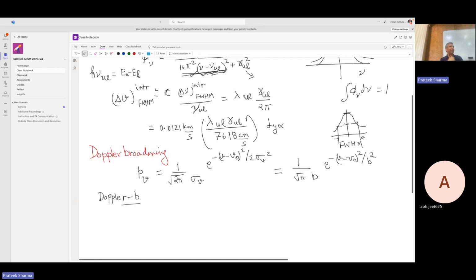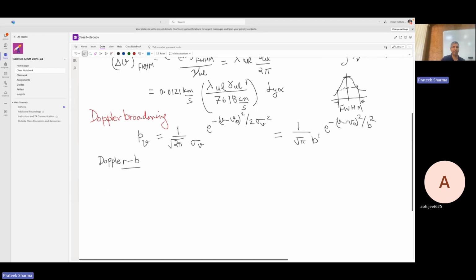This square root of 2 pi form is the standard form of a normal distribution function. But sometimes people use this in terms of B, especially in this literature. So you should be aware of this B. B is nothing but square root of 2 times sigma v. Sigma v is the line of sight velocity dispersion.